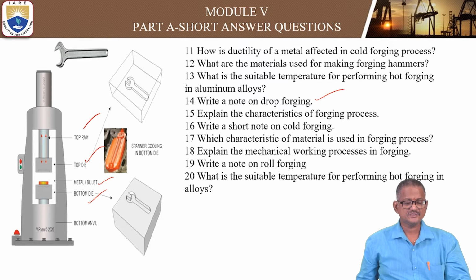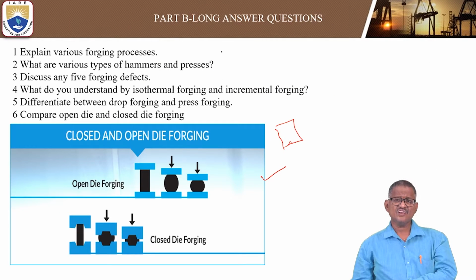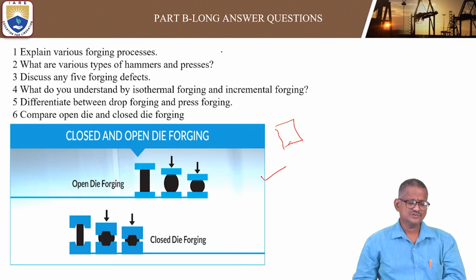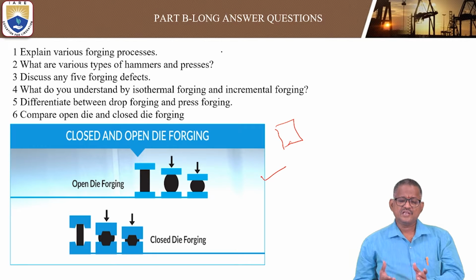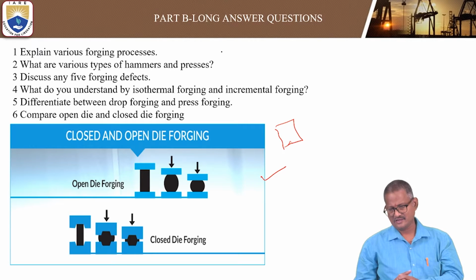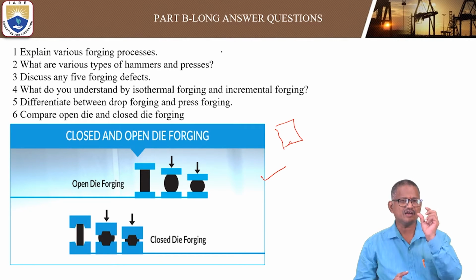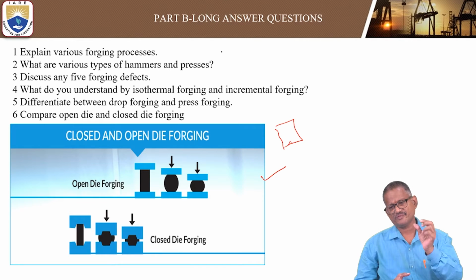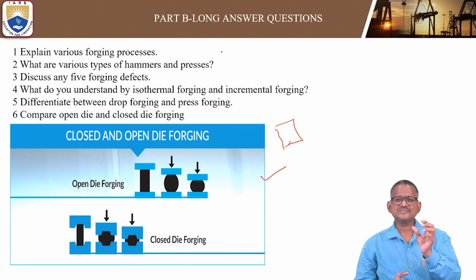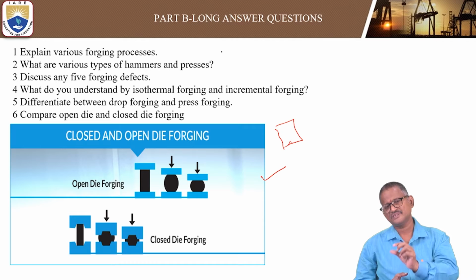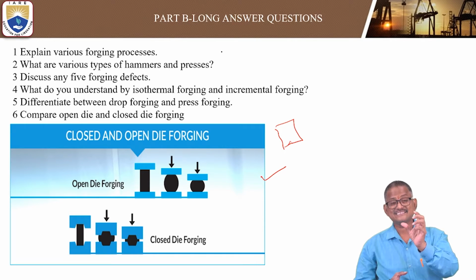And coming to long answer questions. Manufacturing process is a purely theoretical subject. Once you have understood the concept of any manufacturing process, the first thing is to write a technical definition and the necessary diagram.